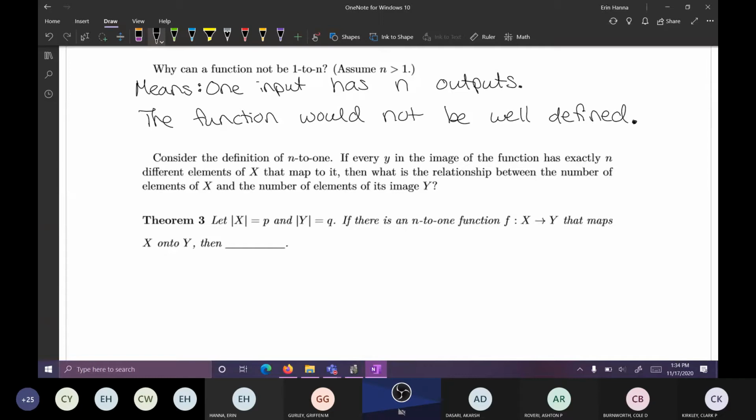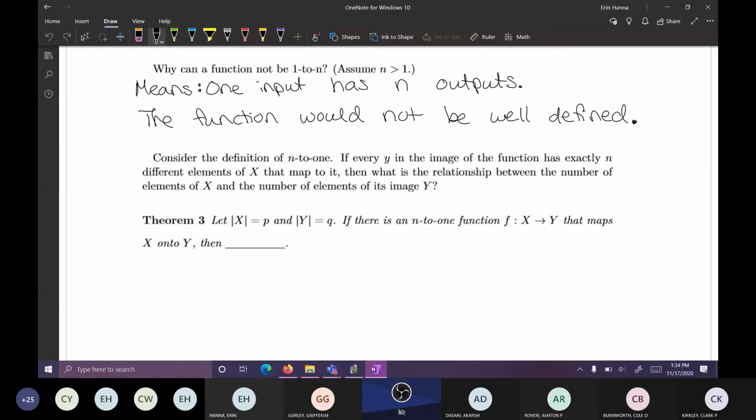So if anyone asks you, can a function be 1 to absolutely any number besides 1? The answer is no. A function can be 1 to 1, but it can't be 1 to 2 or 1 to 5 or 1 to 7. It can be 7 to 1 or 3 to 1, but you can't start with 1 to some other number that's not 1.